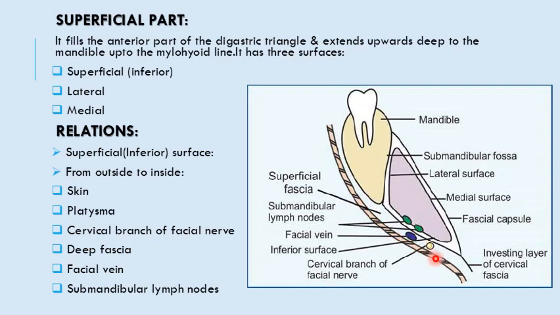Next to the platysma there is superficial fascia and facial vein. Here is the cervical branch of facial nerve. Then the superficial layer of the investing layer of deep cervical fascia, and there is submandibular lymph node.